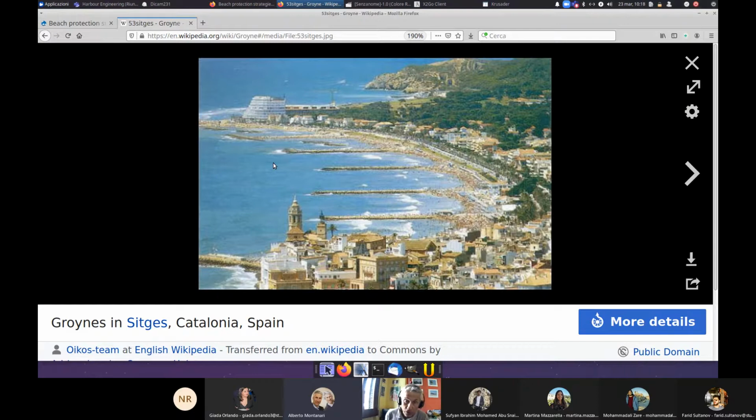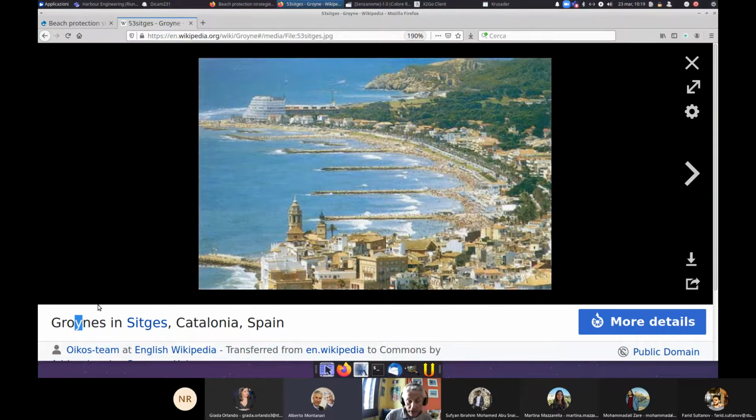And therefore, in order to block this component, you need a structure that is placed perpendicular to the shoreline, as you see in the figure. And if you look at these groins, first keep in mind that, do you see here, there is the spelling with the Y. You can find in the literature both the spelling with the Y and the spelling with the I instead of the Y.